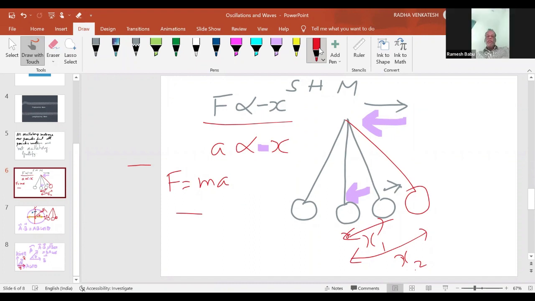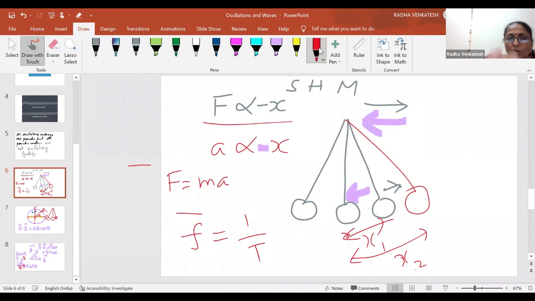So it will be an oscillatory motion of one single time period. And if the time period is constant, then the frequency will also be constant, because frequency is 1 by time period. So all these conditions will be satisfied for simple harmonic motion. 1, restoring force proportional to X and opposite to X. 2, acceleration proportional to X and opposite to X. 3, time period is a single, constant time period. 4, the frequency is also a constant.